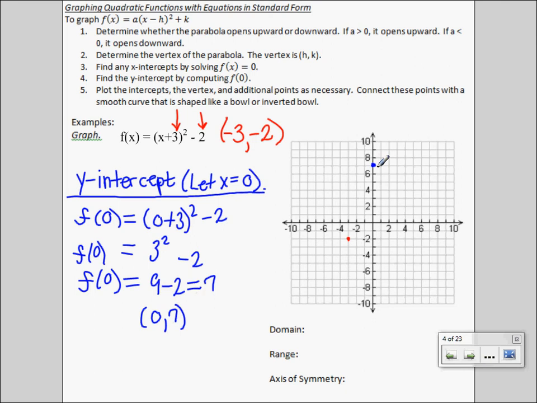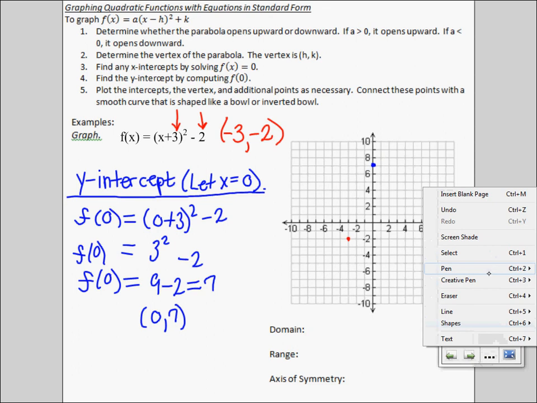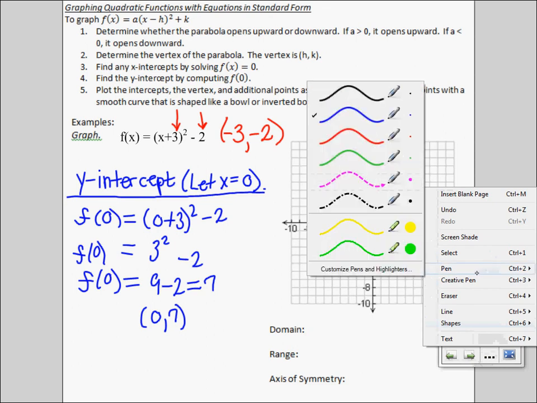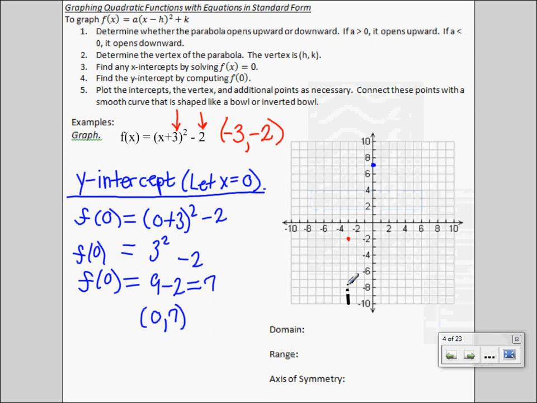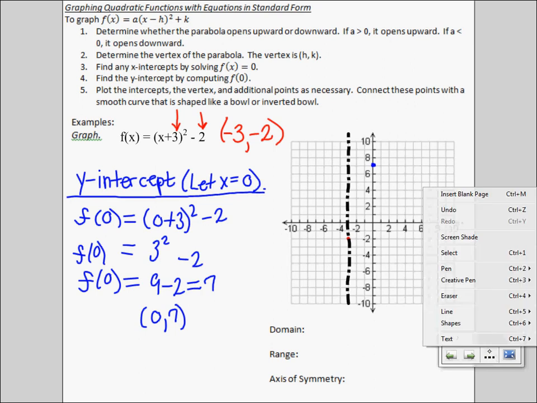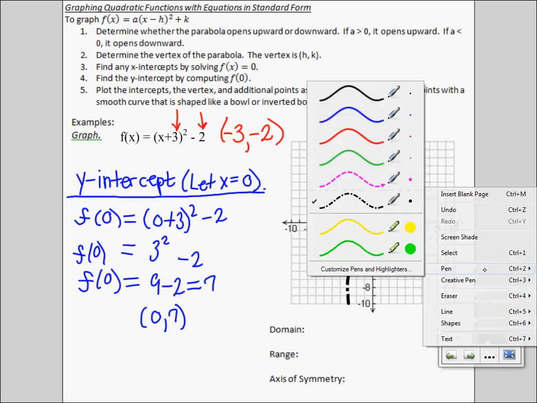And something to keep in mind is that our line of symmetry is going to follow where that red dot is, the same vertical line. So there's our line of symmetry.